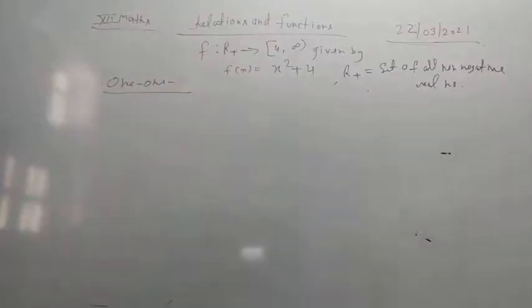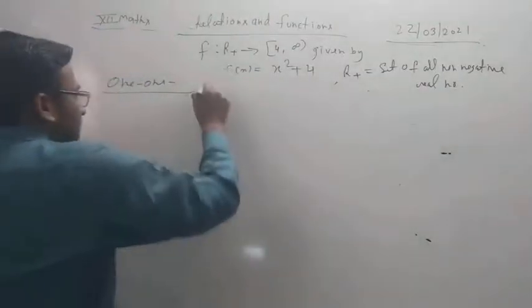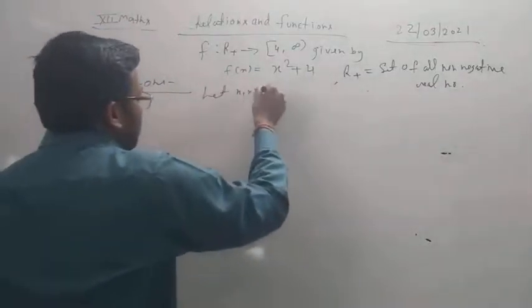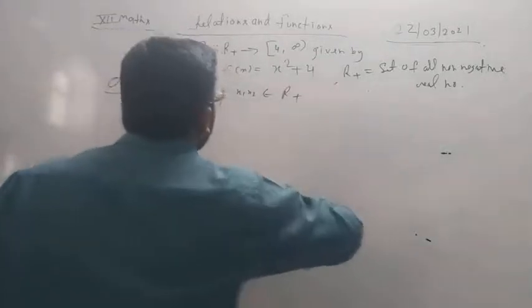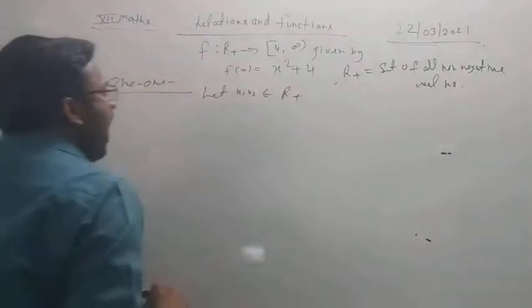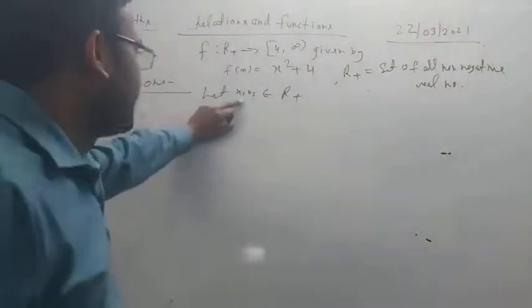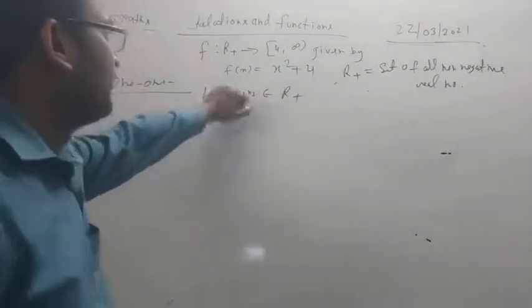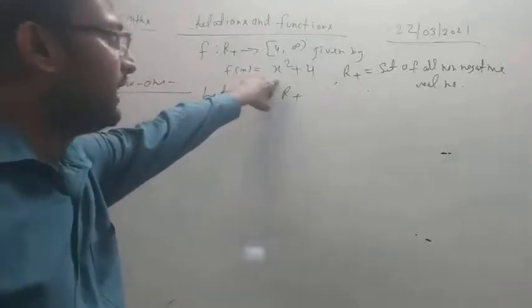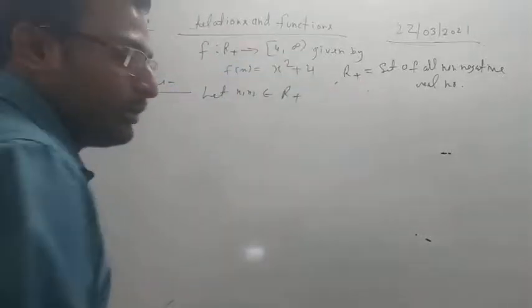Okay, so let's start. Let x1, x2 belong to R+. So students, if we take any element which is positive, we always get a positive value, and that belongs to the codomain.